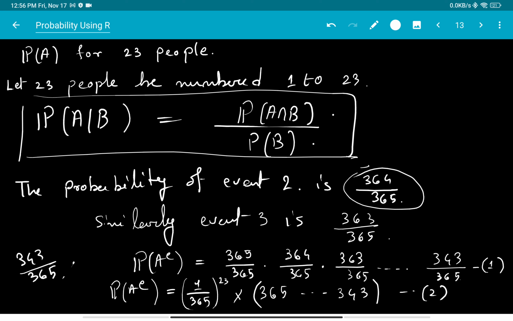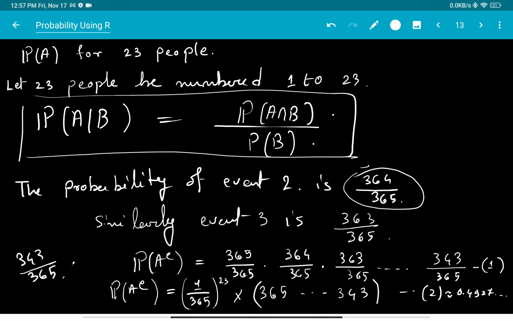So this is equation 2. Great. If you evaluate equation 2, it will give approximately 0.4927 and so on.